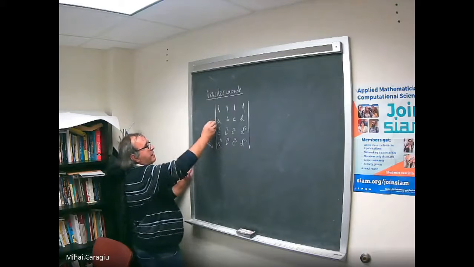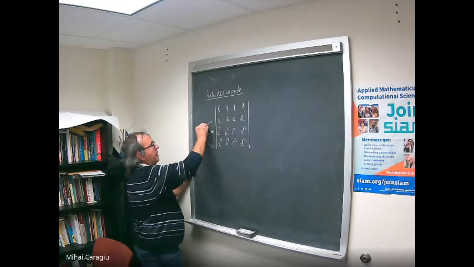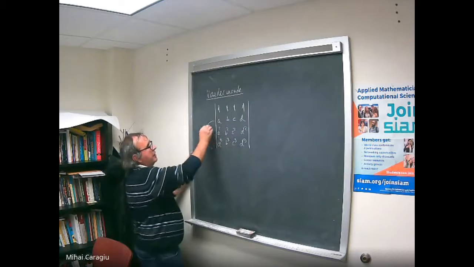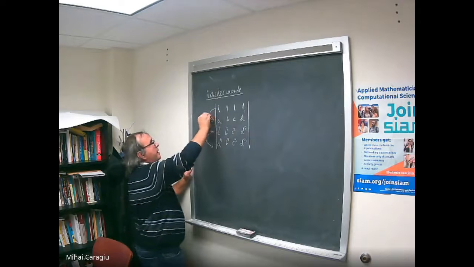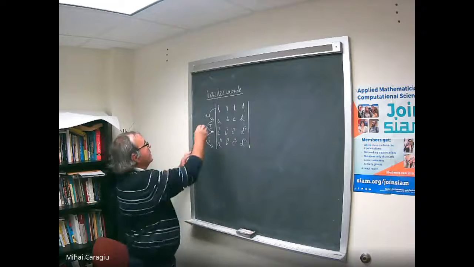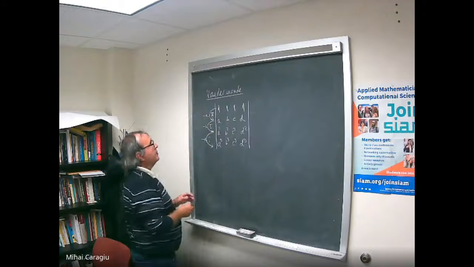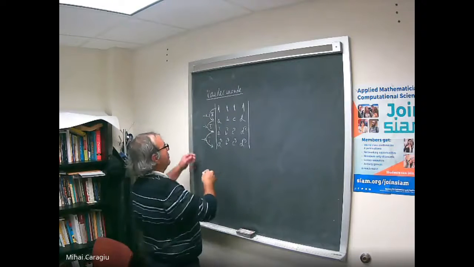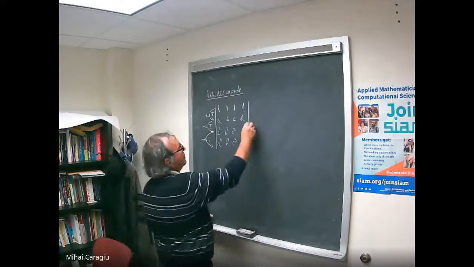Then multiply the second row by minus a and add it to the third row, the second step. Then multiply the first row by minus a and add it to the second row, the third step.